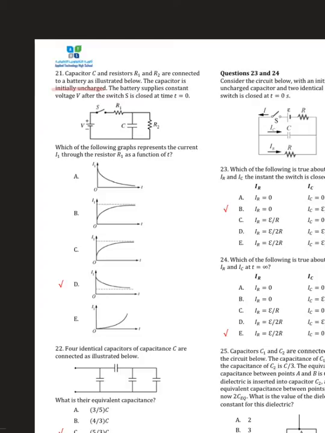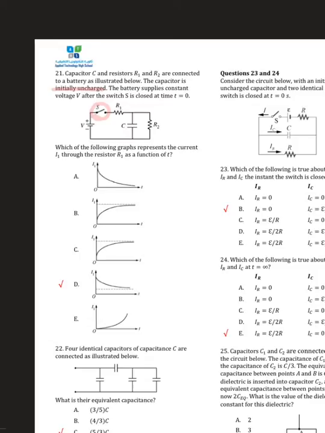So we know that when we close the switch, the capacitor is going to get charged. So it is going to act like a short circuit in the beginning.